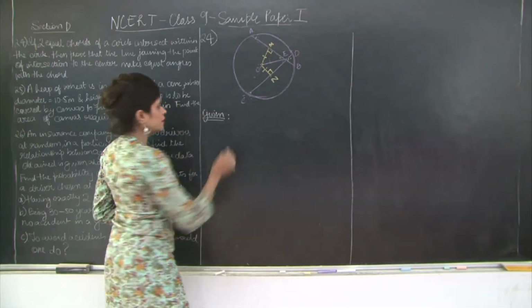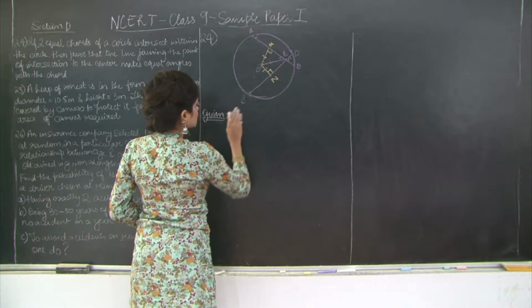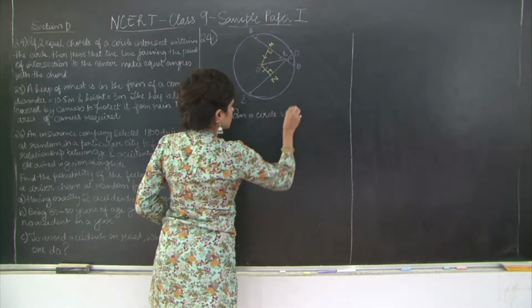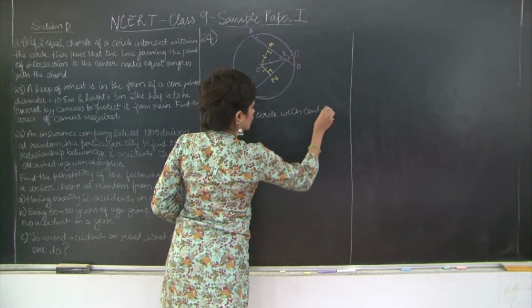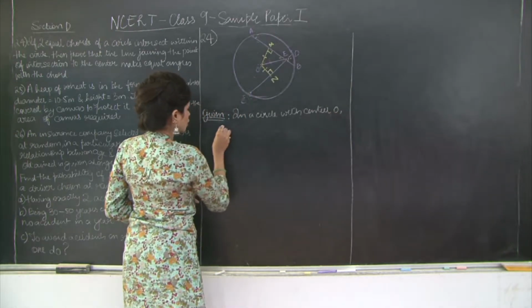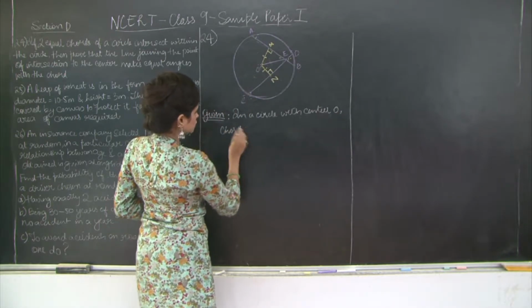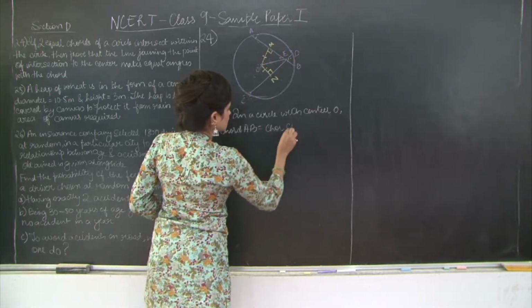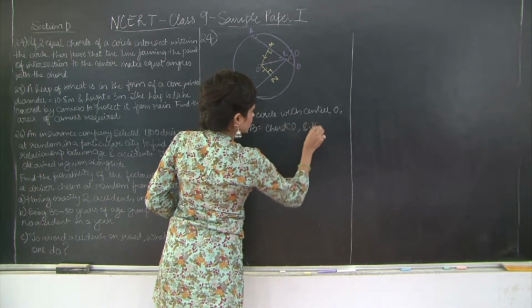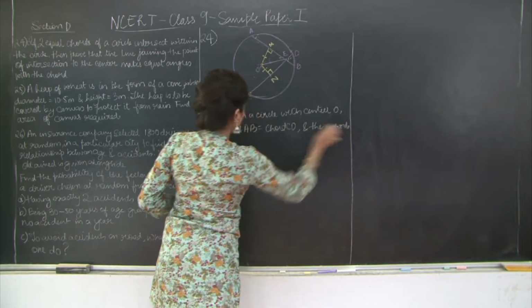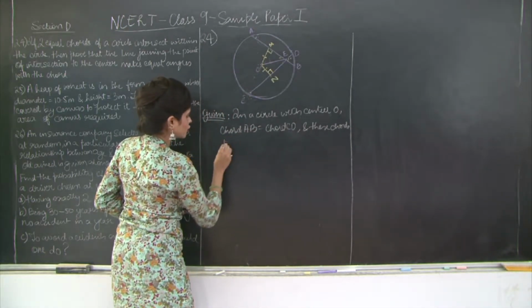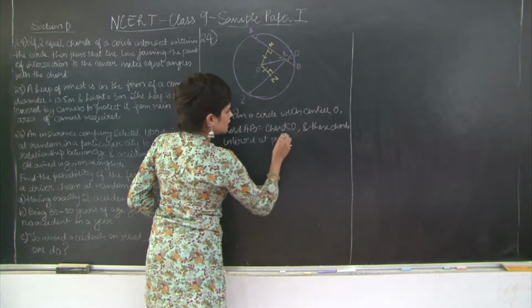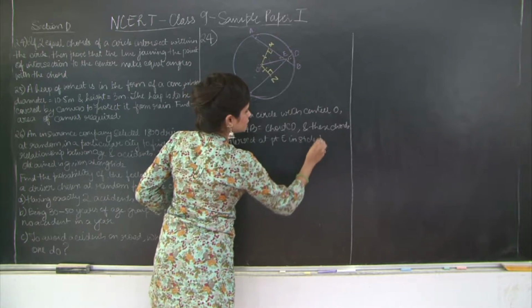So given, I have a circle with center O, chord AB is equal to chord CD, and these chords intersect at point E inside the circle.